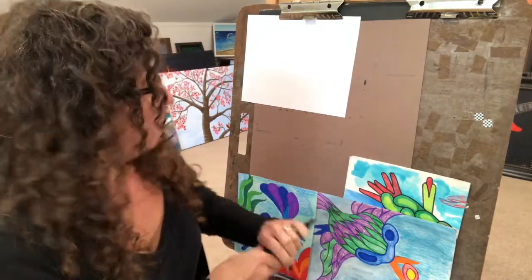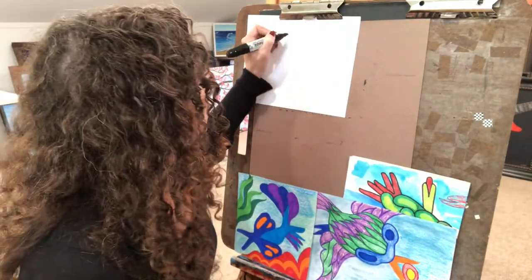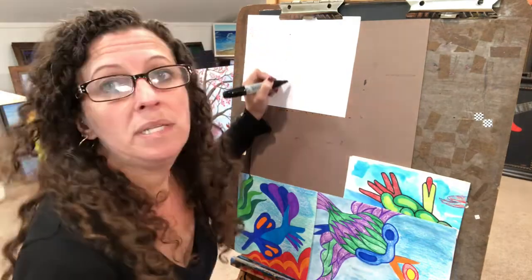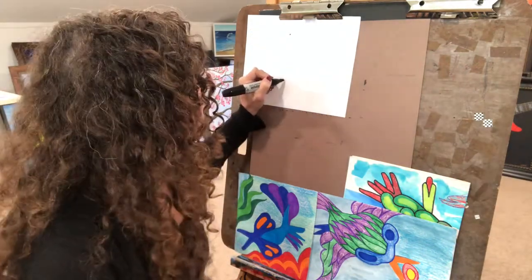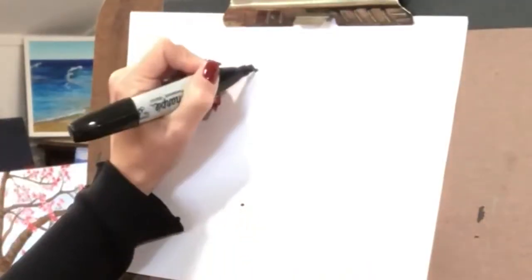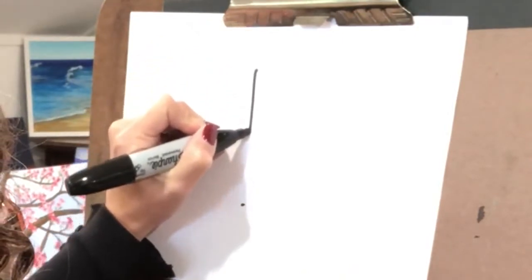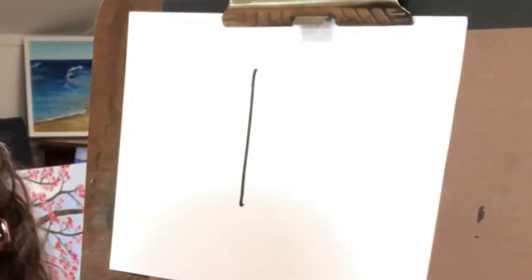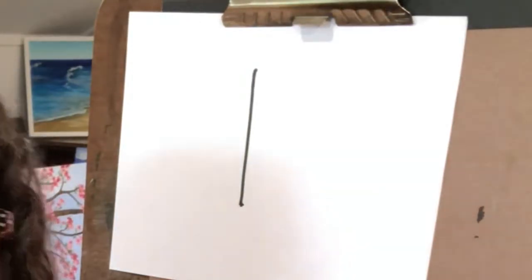So if we start off like this, from one point to another point, if we connect that space in between those 2 points, it creates a line, right? So that would be a what? Straight line, right? Here's another.